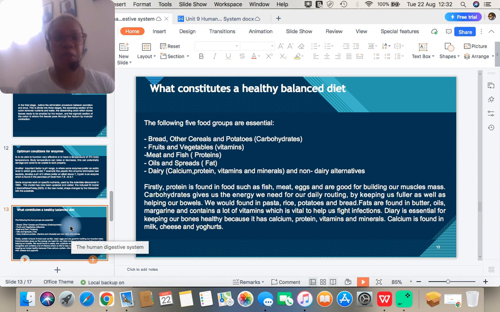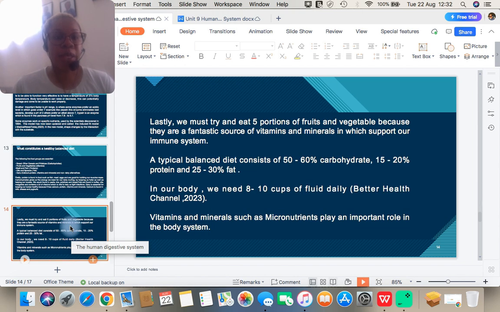Dairy is essential for keeping our bones healthy because it has calcium, proteins, vitamins, and minerals. We will find calcium in milk, cheese, and yogurt. Lastly, we must try to eat 5-7 portions of fruit and vegetables daily. That will help our body with our immune system.